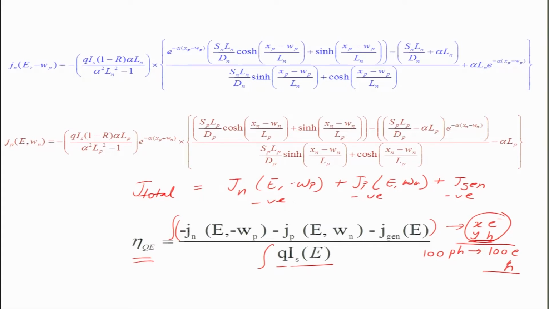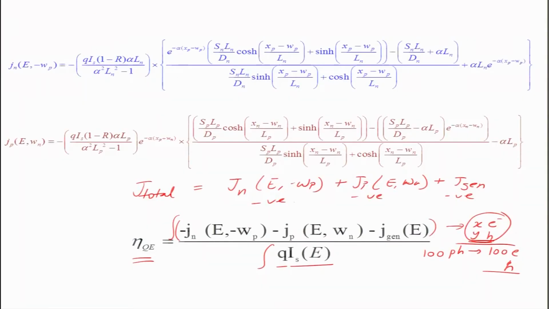This is what you have got and this is what you should get ideally, and of course this number x and y is always going to be smaller than 100. That is why the quantum efficiency is not 100%, but rather lower. You can get quantum efficiency of the order of 80%, 70% or so in semiconductor devices.